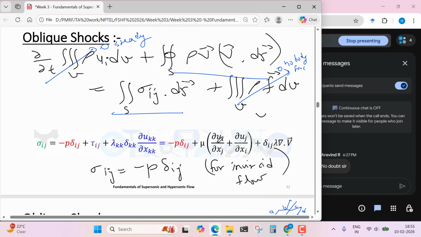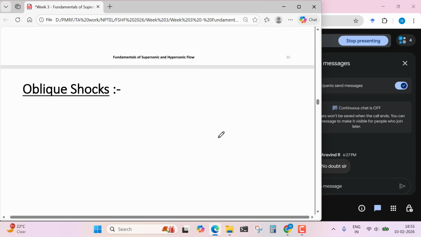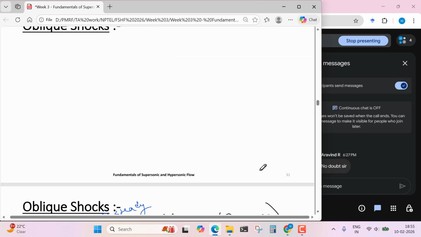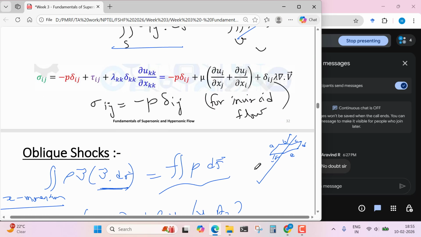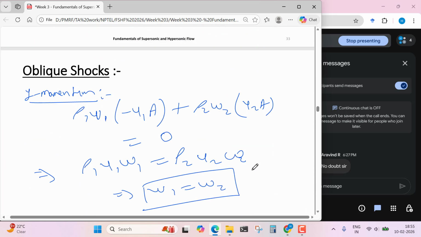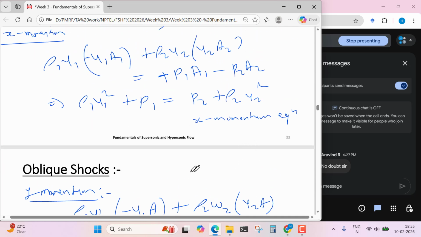Till now you have seen that both equations, continuity and momentum, are similar to the normal form. The only difference is that we are getting the normal component of the velocity instead of the full velocity. You have to know that velocity V is nothing but u i cap plus w j cap, and we are taking only the x component here.